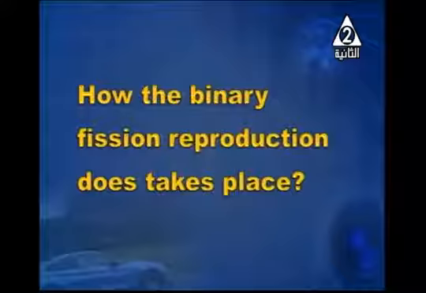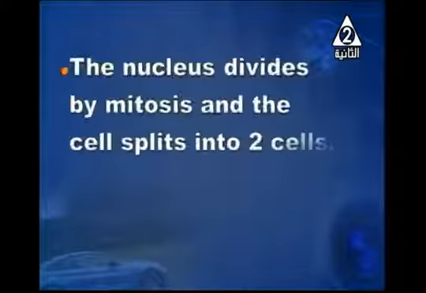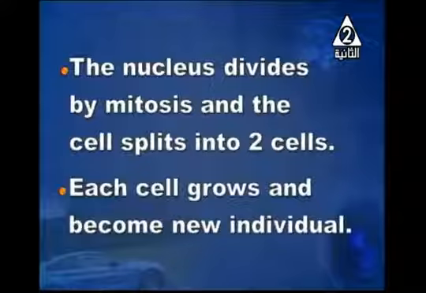How does binary fission reproduction take place? The nucleus divides by mitosis and the cell splits into two cells. Each cell grows and becomes a new individual. This figure shows how the bacterial cell divides.